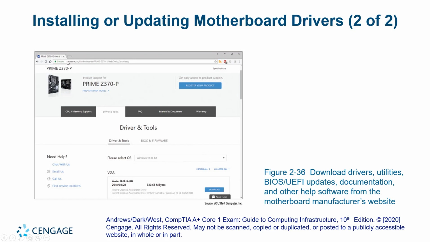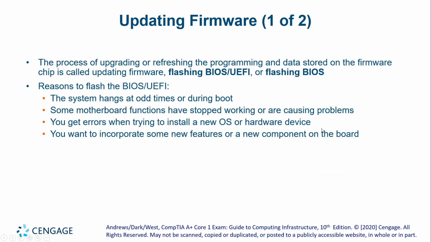That would be specifically for an Asus computer. You download drivers, utilities, things of that nature, also documentation from the website, and then you'll be able to update your hardware, your devices, by running a BIOS update or running an install program.